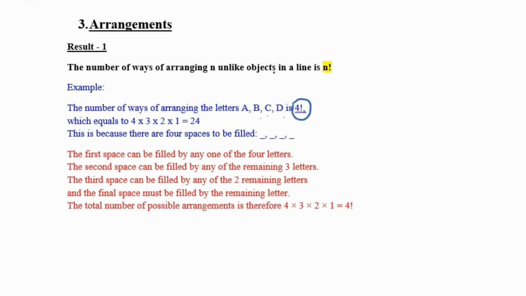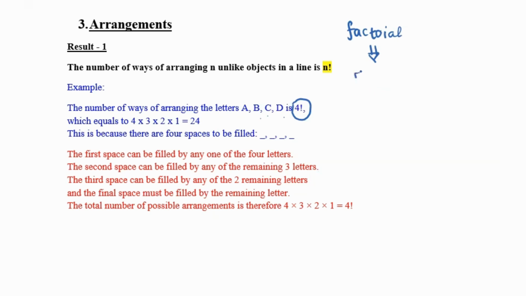So what is this exclamation mark exactly? We'll look at what it is now. That is called the factorial notation. What is the factorial notation? This is just a technique that's used in mathematics when we have to multiply a number by all of the numbers that come before it, the preceding numbers.